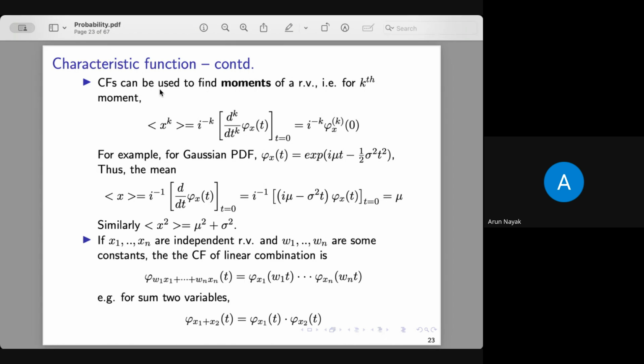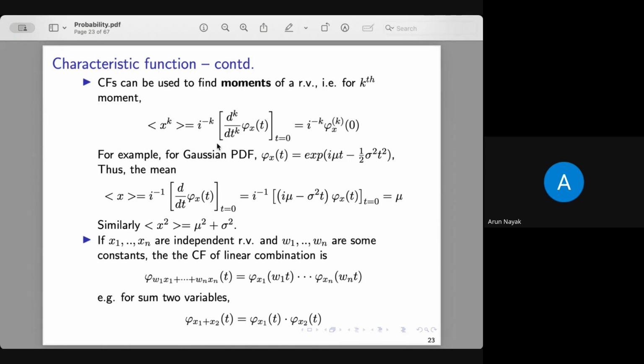So suppose you want to find the moments for some random variable, say the kth moment. You can write the kth moment here. It's simply i to the power minus k times the kth derivative of this characteristic function at t equal to 0. That's basically this one.